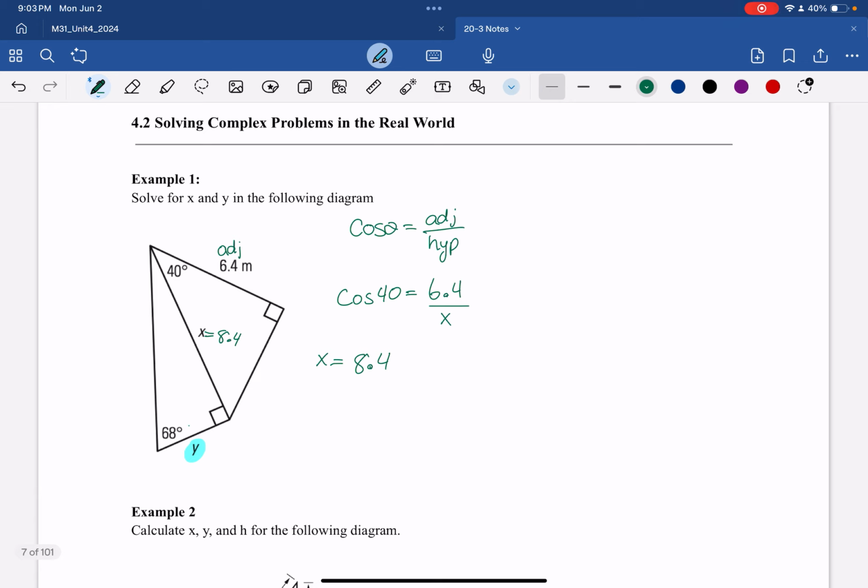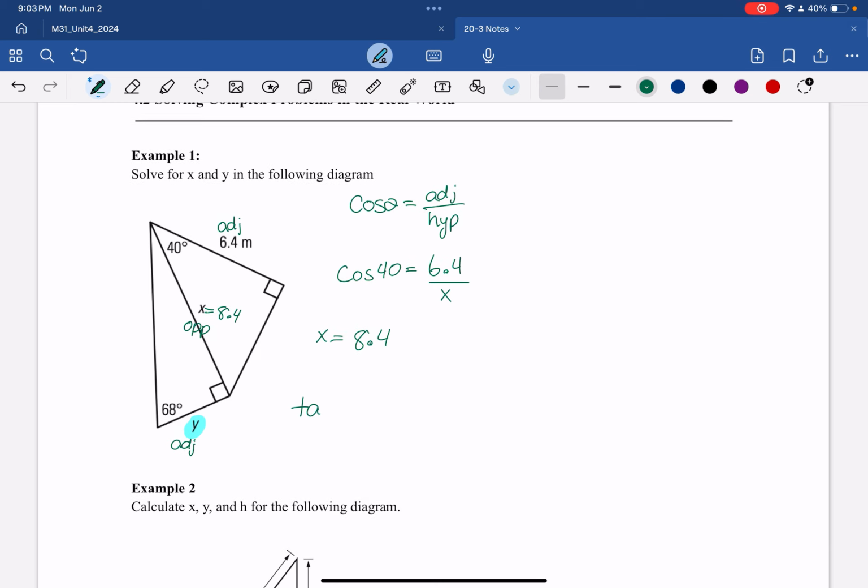Y, if I look next to the 68 degrees in this triangle, this is going to be my adjacent. And now this side length here, where the x is different, right? We're looking at a different triangle. So from this 68, this is my opposite. So to figure out what y is, I have adjacent and opposite. I'm going to use tan. So tan of theta equals opposite over adjacent.